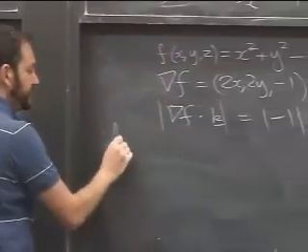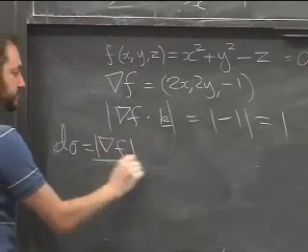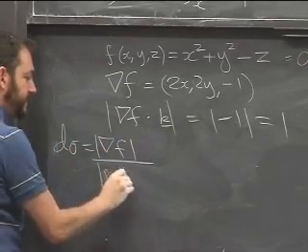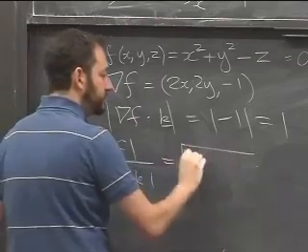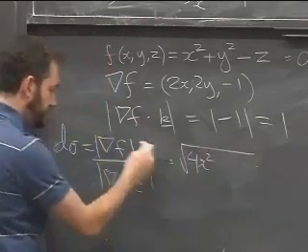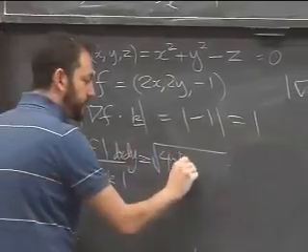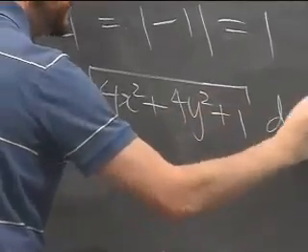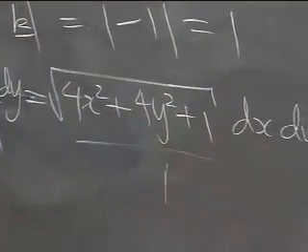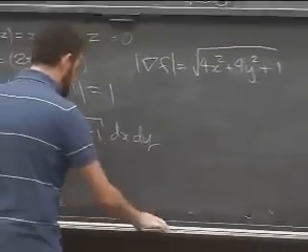So d sigma, which by the formula that we've learnt is the length of grad f over the absolute value of the z component, is equal to root 4x squared plus 4y squared plus 1 dx dy. The denominator is 1. All right, so we're in good shape.